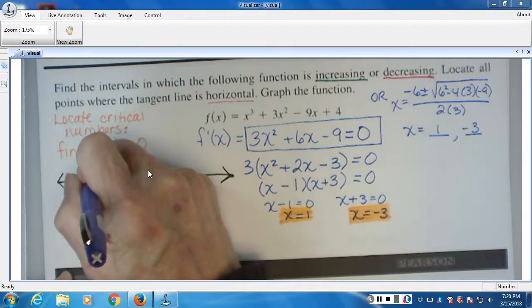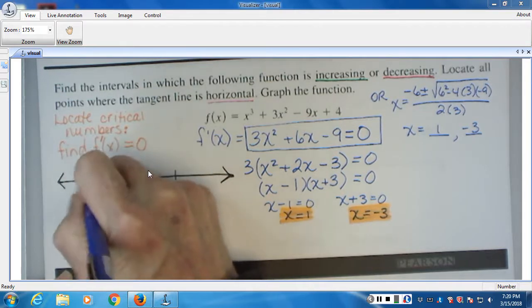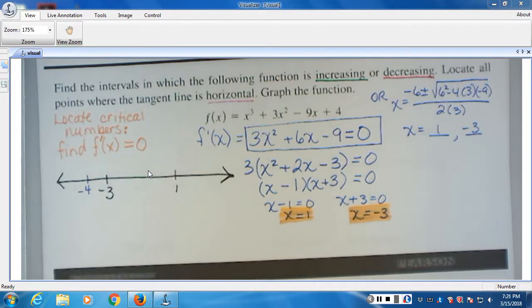So I'm going to pick negative 4. Okay? I like negative 4. Negative 4 is a nice, small, negative number. I want you to plug negative 4 into 3x squared plus 6x minus 9 and tell me what you get.